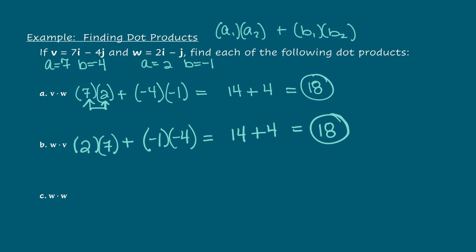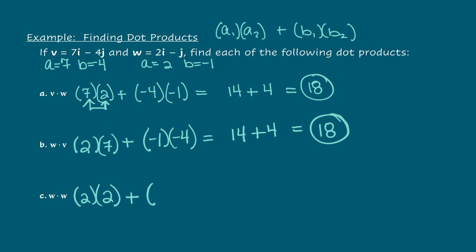My last question asks me to find the dot product of w with itself. So we're going to find w with w, which means I'm just going to use the same values for both vectors. For a1, I'm going to use 2, and for a2, I'm also going to use 2.